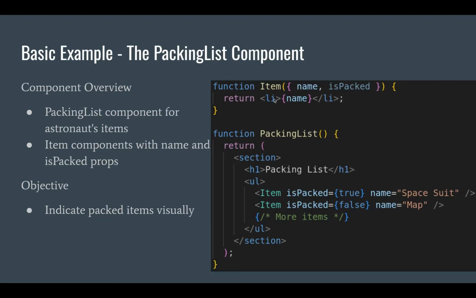There is an item component, there's a packing list component, and inside the packing list component, there will be this item component. Notice how each item component takes in name and isPacked as props. Our goal is to visually indicate which items are packed.